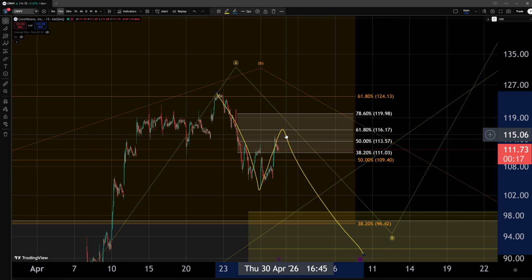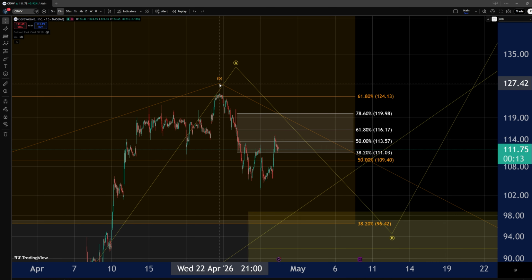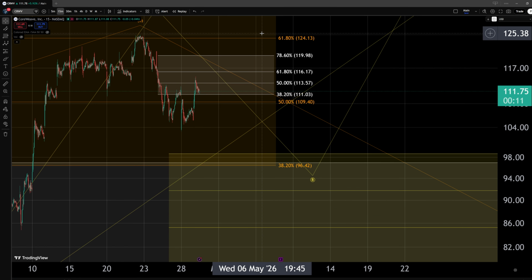No, because within the orange scenario, this would have been the wave B top and a wave C would be emerging.